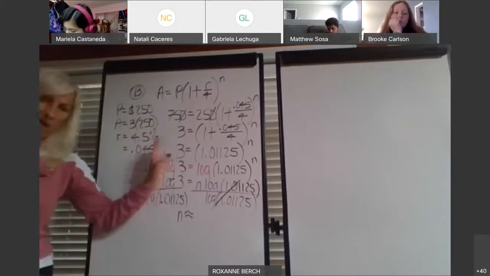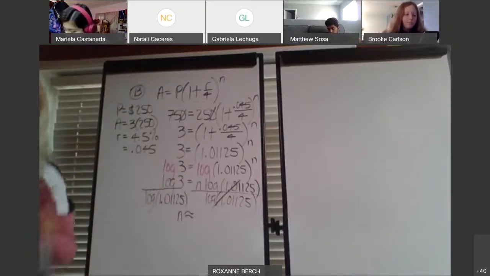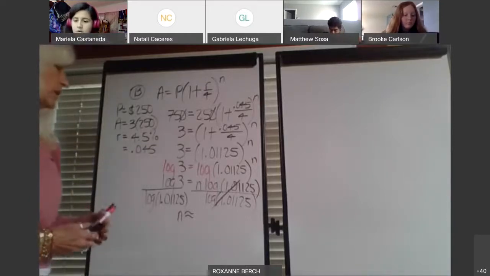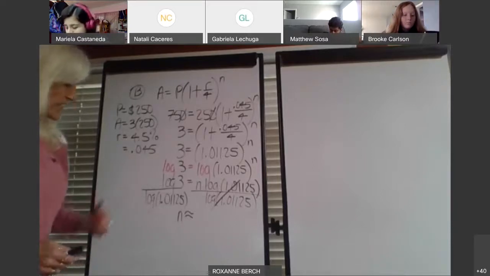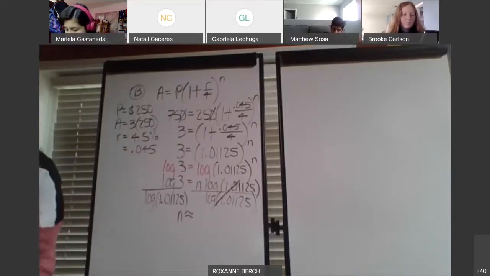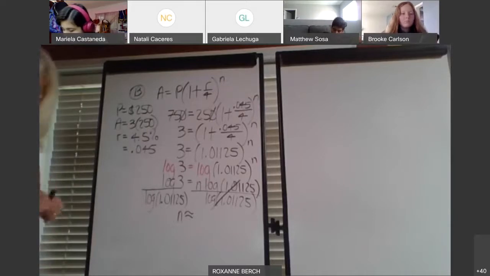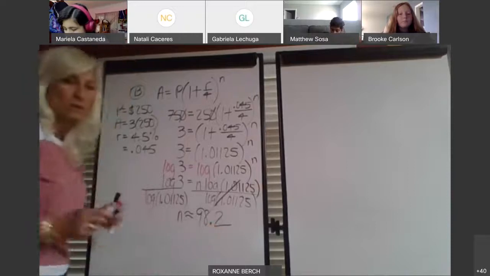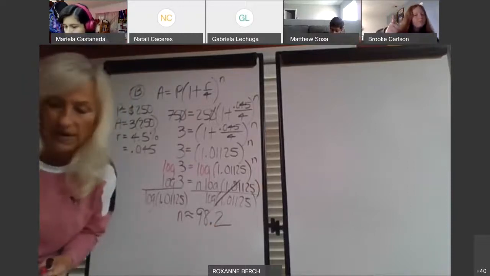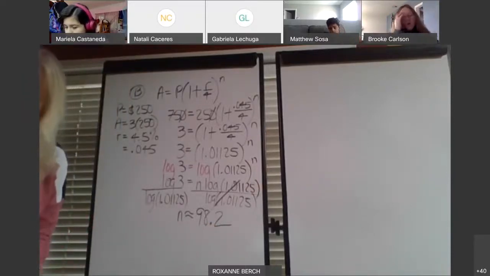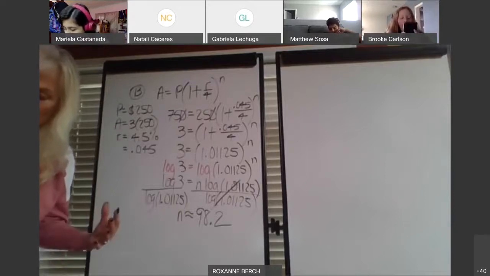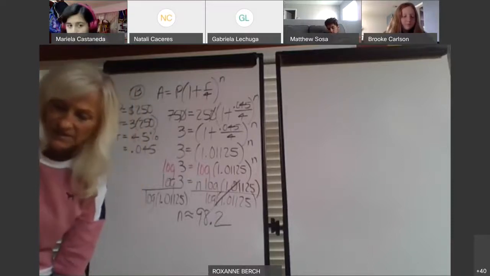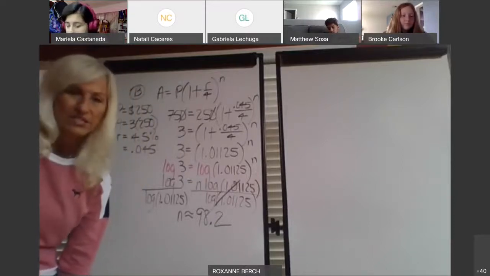So we really do want log base 10 or natural log, something we can put in the calculator. So log base 10 of 3 divided by log base 10 of that thing is going to be about, did you guys get 98.2? Yes? Okay, great.